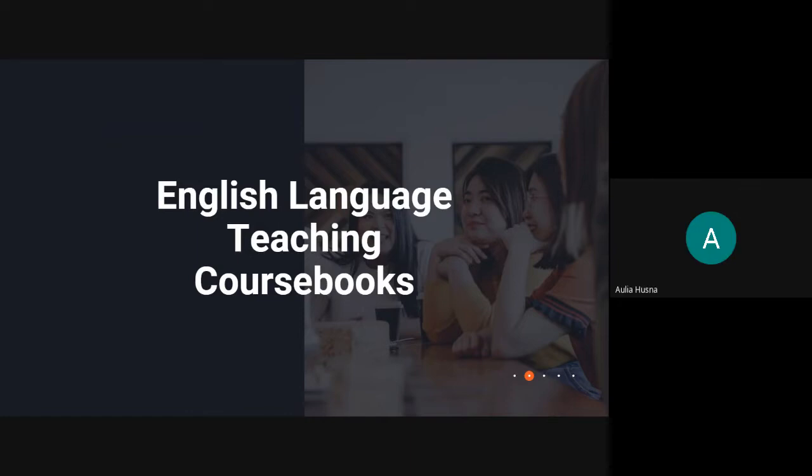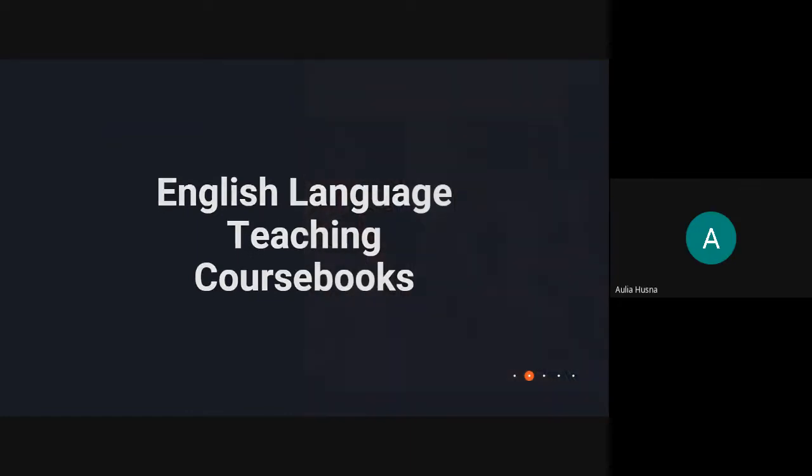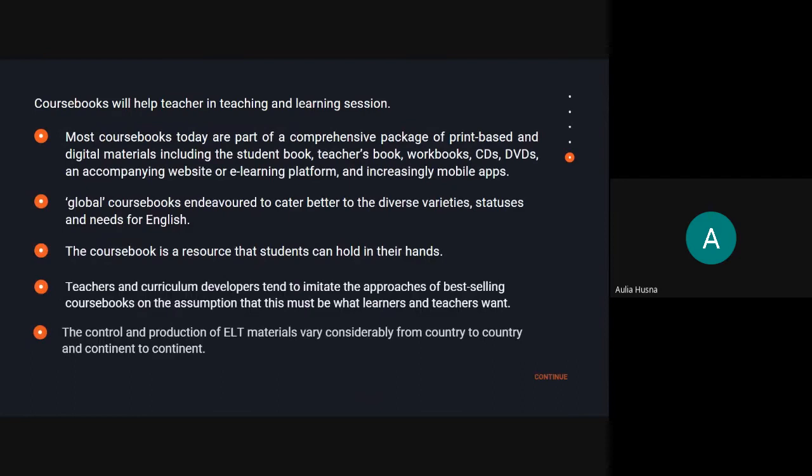English language teaching coursebook. Coursebook will help teachers in teaching and learning sessions. Most coursebooks today are part of a comprehensive package of print-based and digital materials including the student books, teachers books, workbooks, CDs, DVDs, and accompanying website or learning platform and increasingly mobile apps.